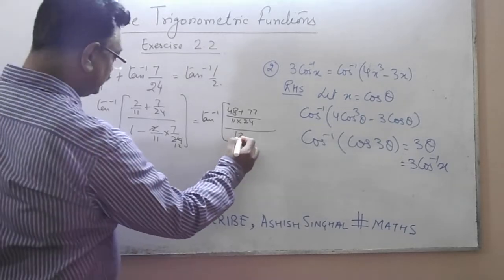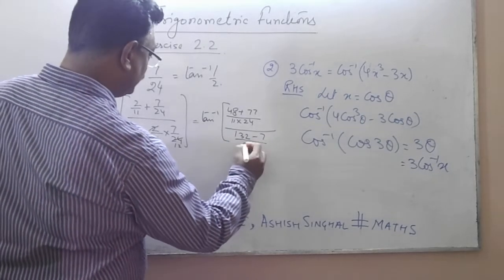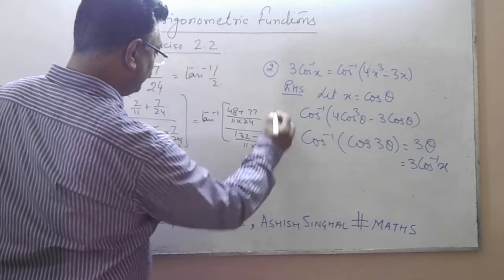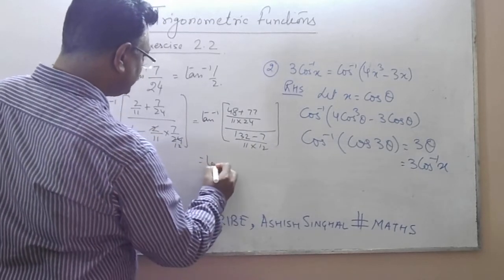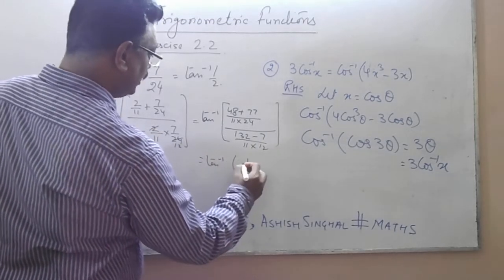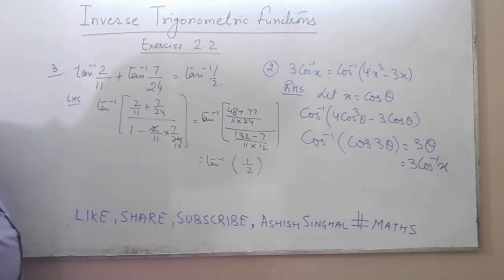So we get (132 minus 7) upon 11 into 12. So this gives us tan inverse 1 by 2.